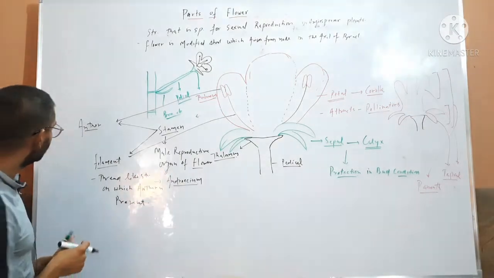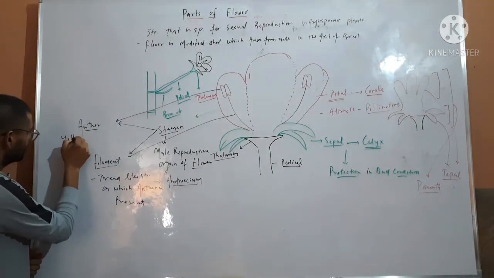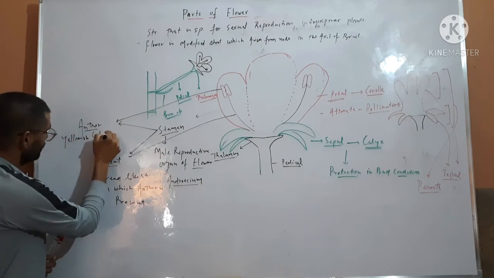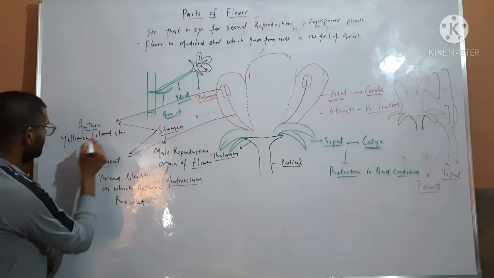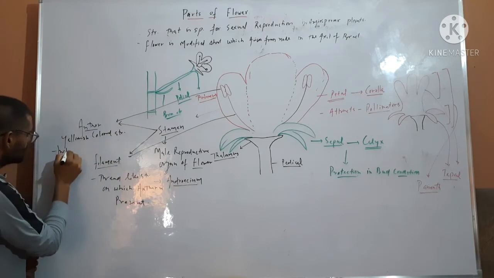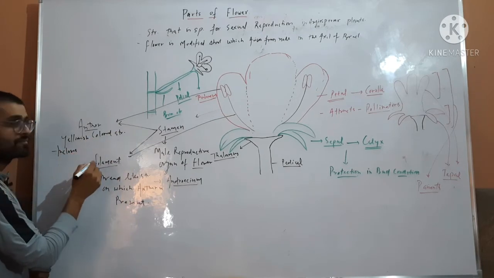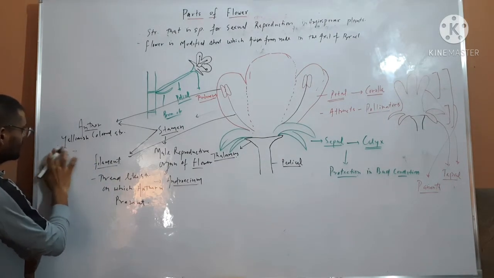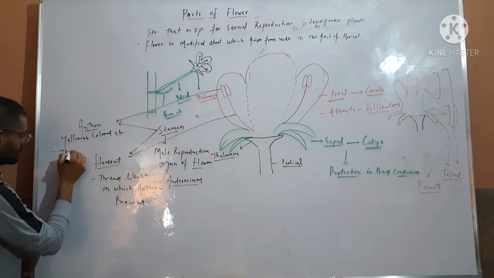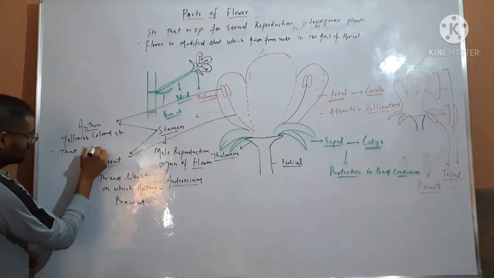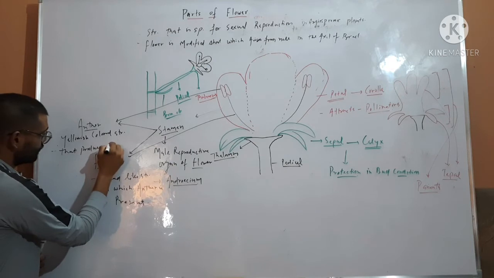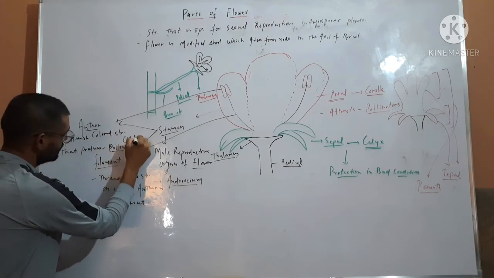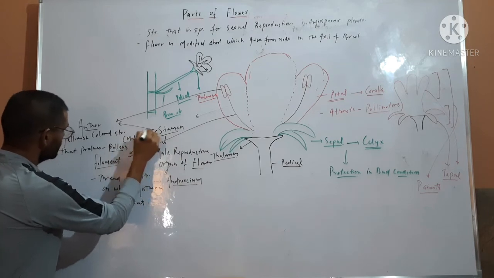This is a yellowish colored structure that produces pollen, or you can say male gametes.